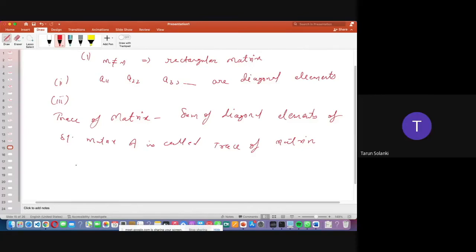That is, trace A is equal to the summation of i equals 1 to n of aii, that is a11 plus a22 up to ann. So you can make a note of these three points.